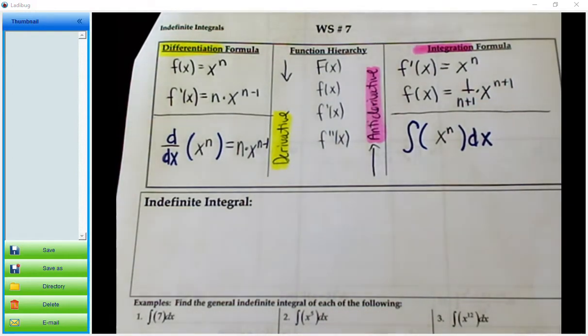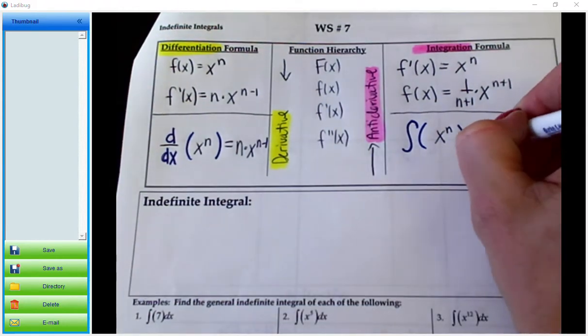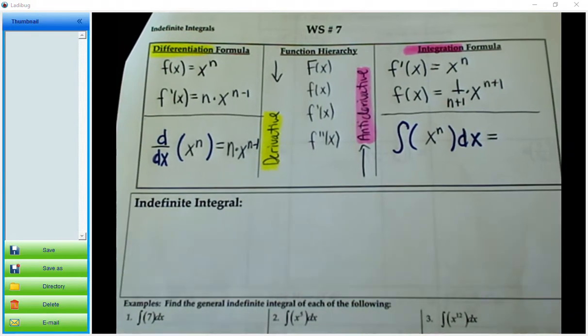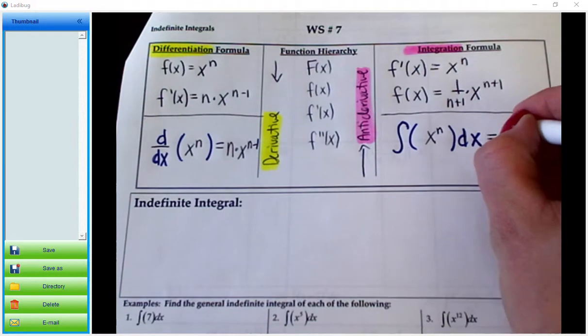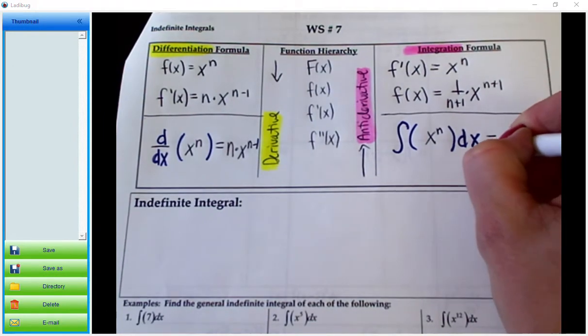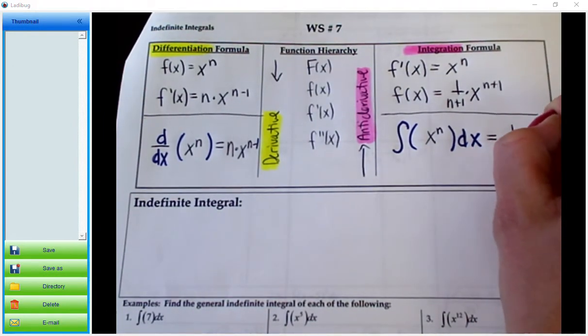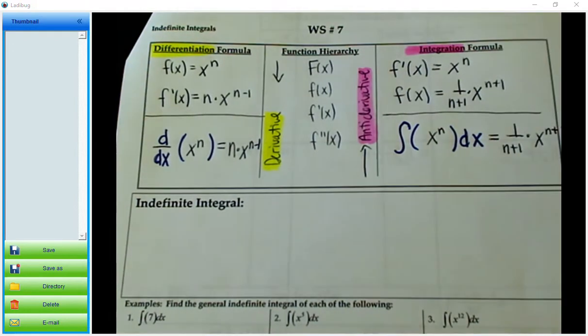The integral symbol means do the antiderivative. That's what it means. Algebraically, do the antiderivative. Same rule, different notation, different vocab word.